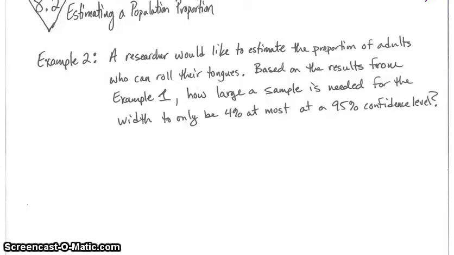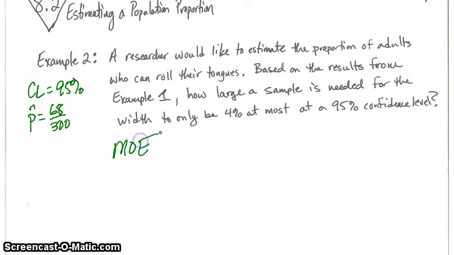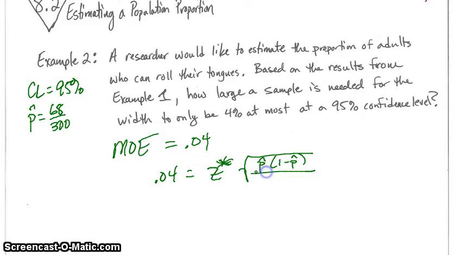So, for this one, we need to look at the fact that it's a confidence level of 95%. We have a p-hat value, again, of 68 over 300. But I'm interested in my MOE being at most 0.04.